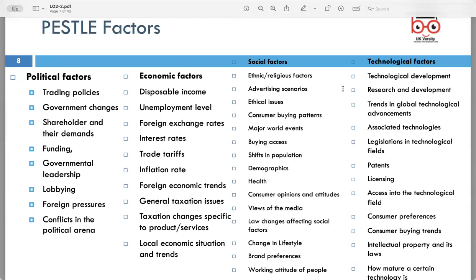But economic factors revolve around the financial aspects affecting businesses. So examples of economic factors are disposable income, unemployment level, foreign exchange rates, interest rates, trade tariffs, inflation rate. Foreign economic trends, general taxation issues, taxation changes specific to product services, local economic situations and trends.